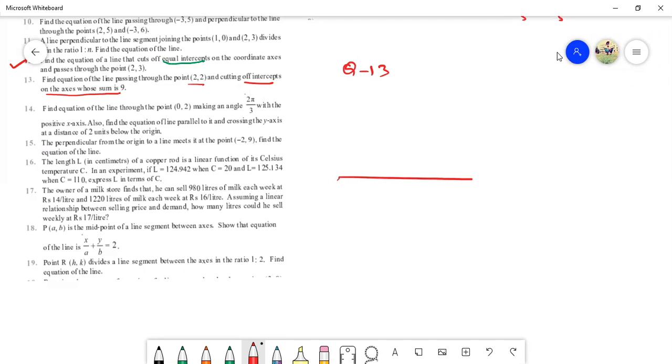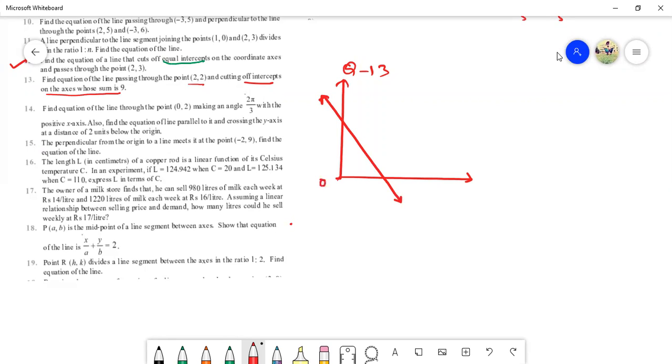This is the x-axis and this is the y-axis. The intercept form is for a line which cuts intercepts on both axes.